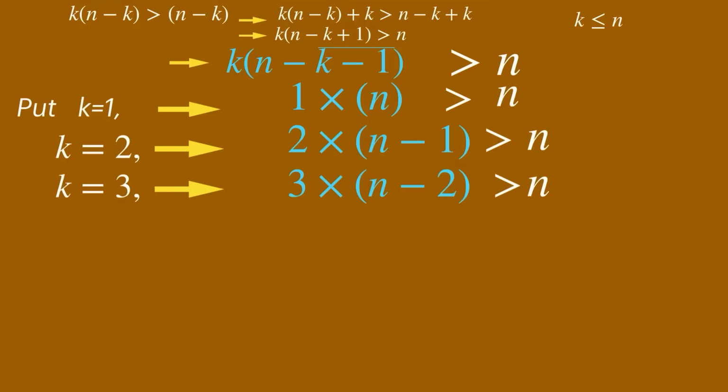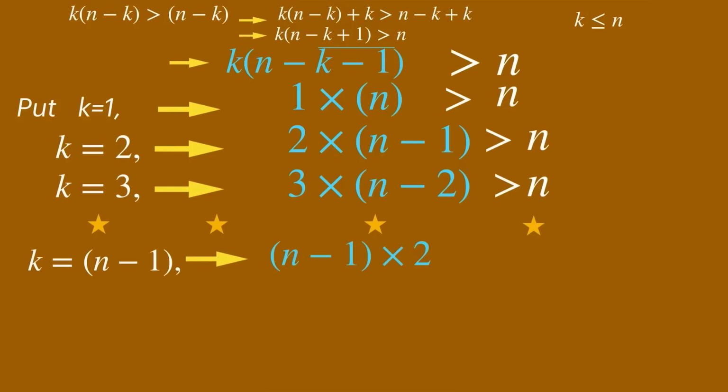And so in this way, if we put the value of k in increasing order, then one time will come when we can write k equal to n minus 1. For k equal to n minus 1, we may write n minus 1 into 2 greater than n. Here look at this, the value of k is n minus 1.